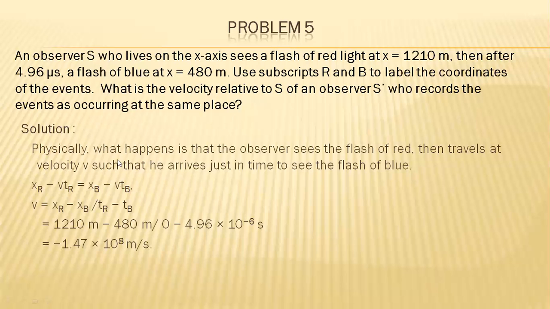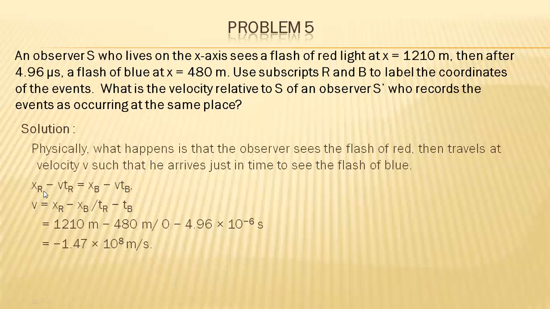Here, physically, what happens is that the observer sees the flash of red, then travels at velocity v such that he arrives just in time to see the flash of blue.